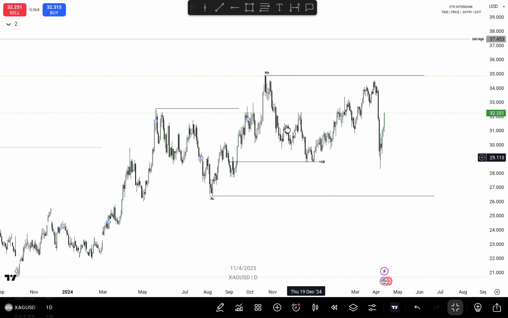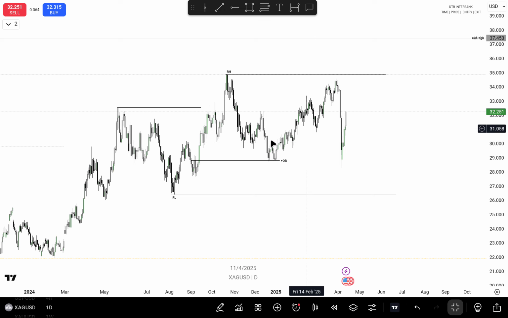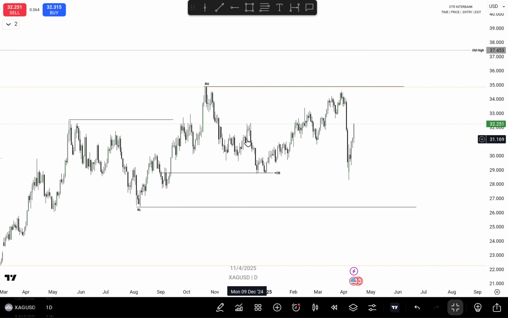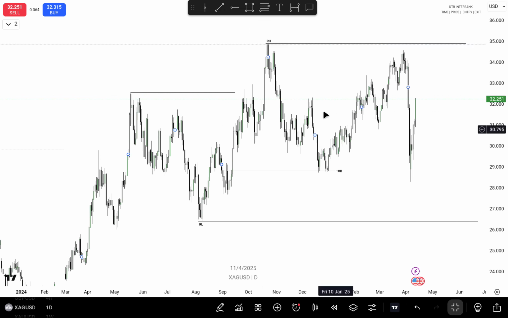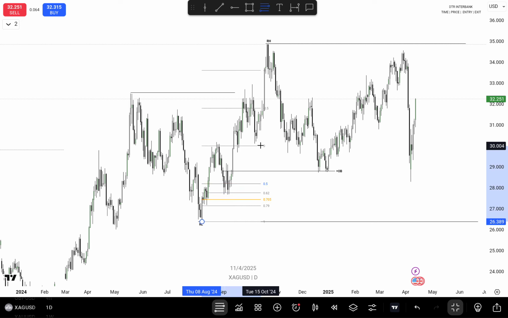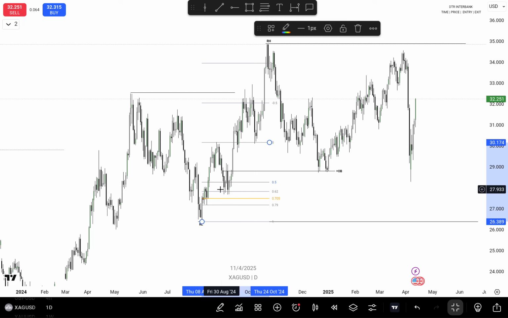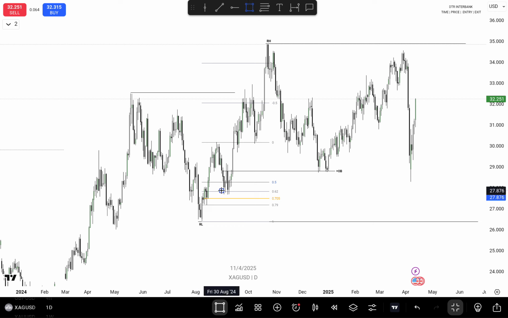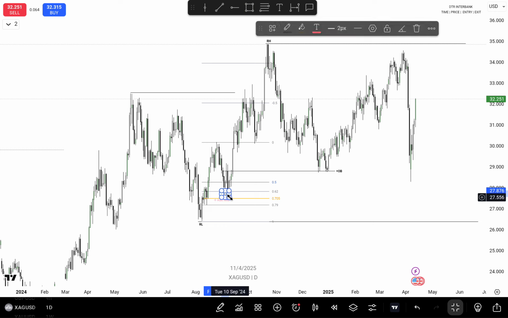So this is the daily time frame, and I want to bring your attention, guys, to this. We have a low here, a high here. Then if you pull our fib, we tap into the 0.62 retracement level, below the 50%, right there.